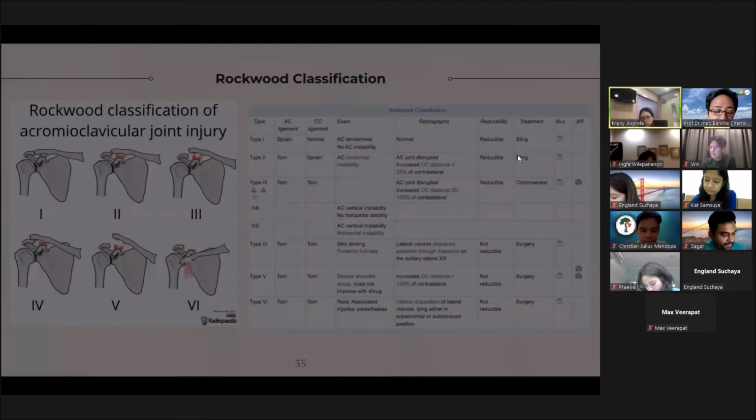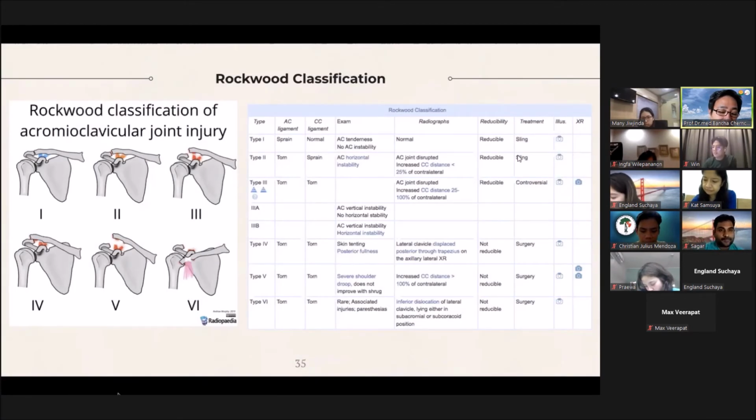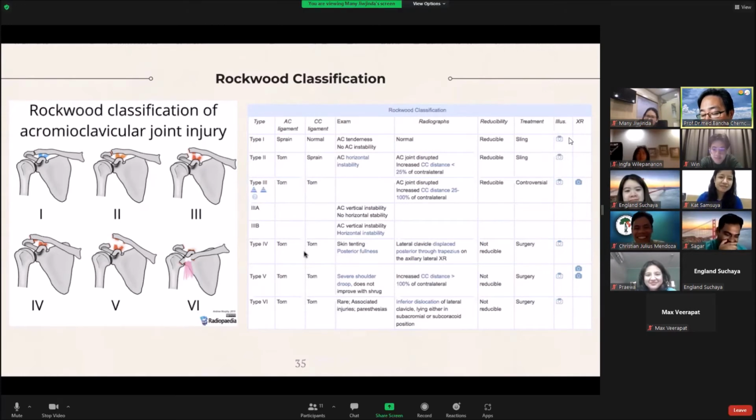But you need to discuss with the patients, can you accept the deformity? If the patient is very big in size, he's fat, so you cannot even see his AC dislocation. But if you're very skinny, you can see the deformity of the distal clavicle.